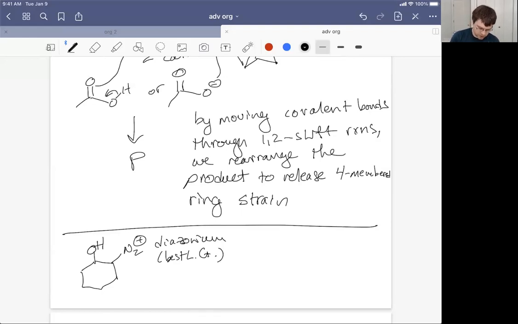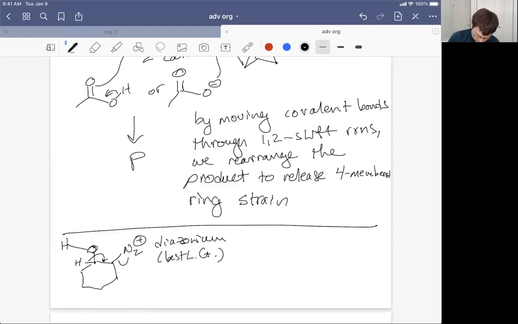We could do a similar type of thing. This works better if I draw the OH a little bit further away. But we could take the bond here down to make a carbonyl. But that won't get us anywhere productive. So instead what we could do is actually lose the hydrogen that's on the OH.